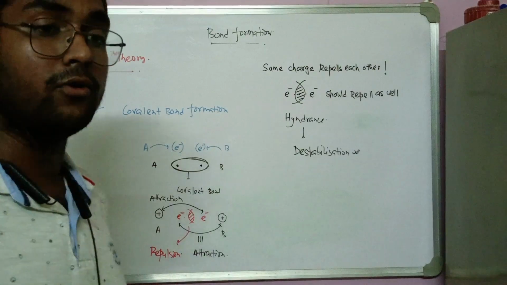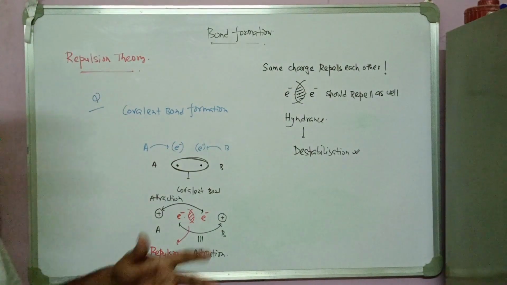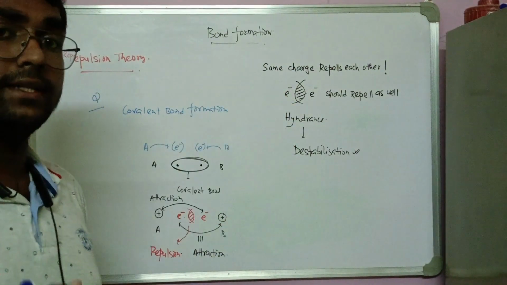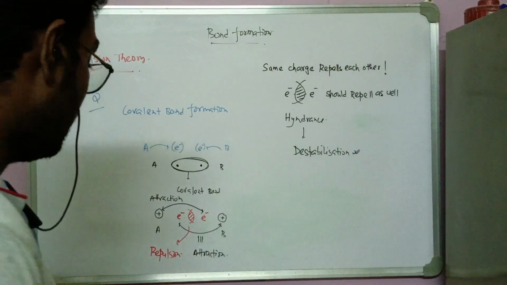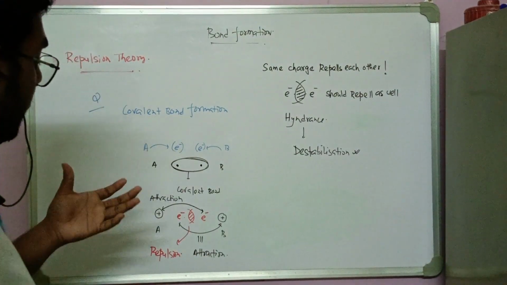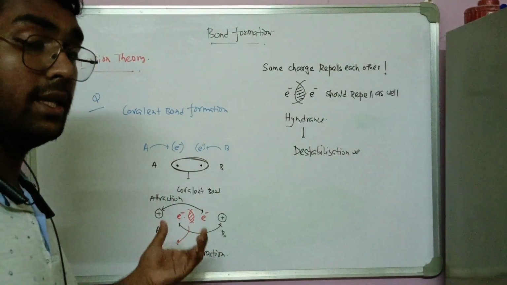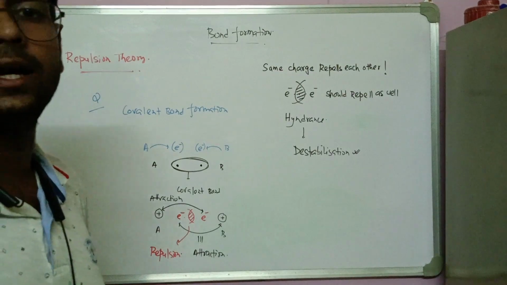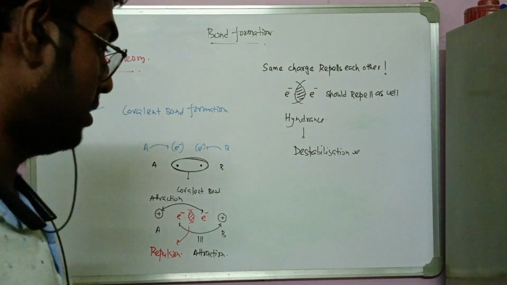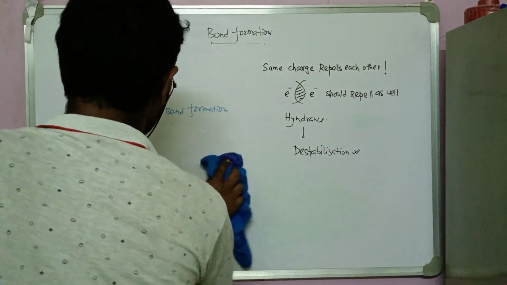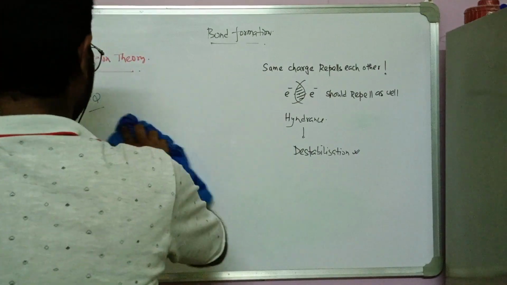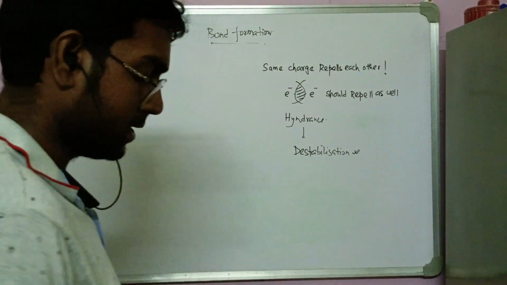So it is all about attraction and repulsion, and electron-electron repulsion will happen in such a bond, but in bond formation there will be much higher electron-nucleus attraction.